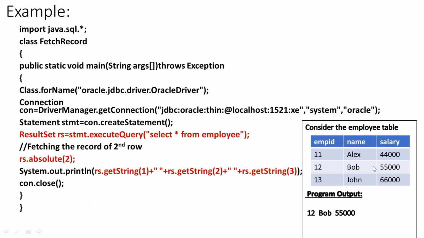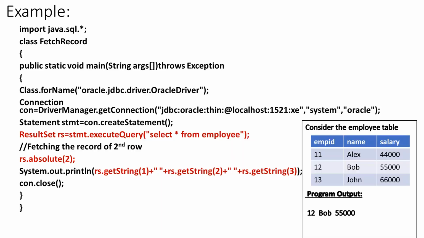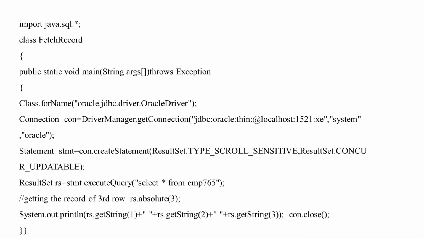If you want a specification instead of the default statement, use result set type scroll sensitive and result set concurrency updatable; all others are the same. Instead of the empty parentheses in createStatement in this program, here you will have result set type scroll sensitive and result set concurrency updatable, and then ResultSet rs equals statement.executeQuery, select star from employee.